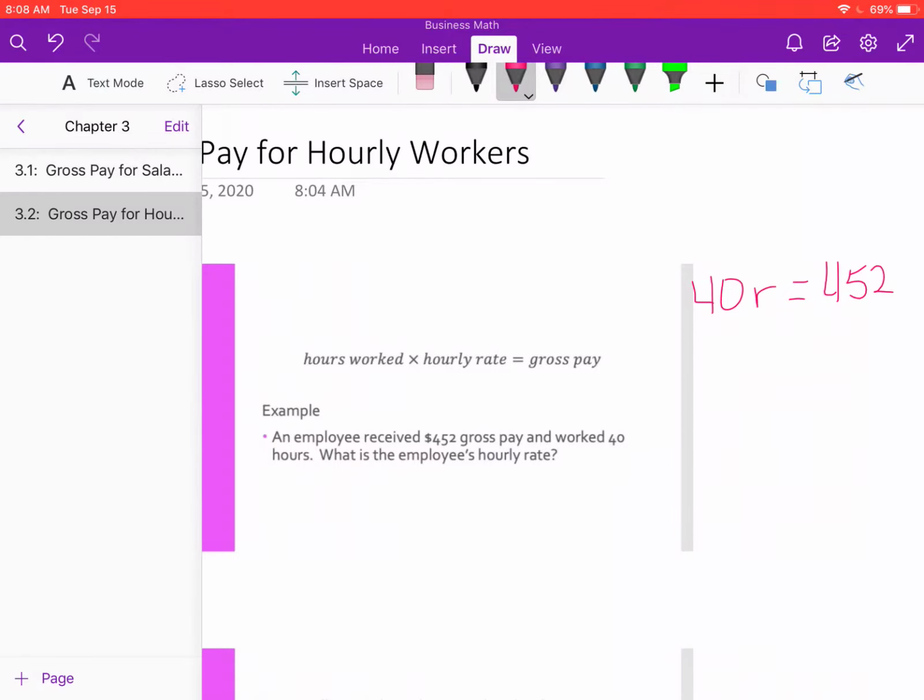Now to solve, we're just going to divide by 40 on both sides. So R equals 11.3. So remember, we're talking in money, so that's $11.30 per hour.